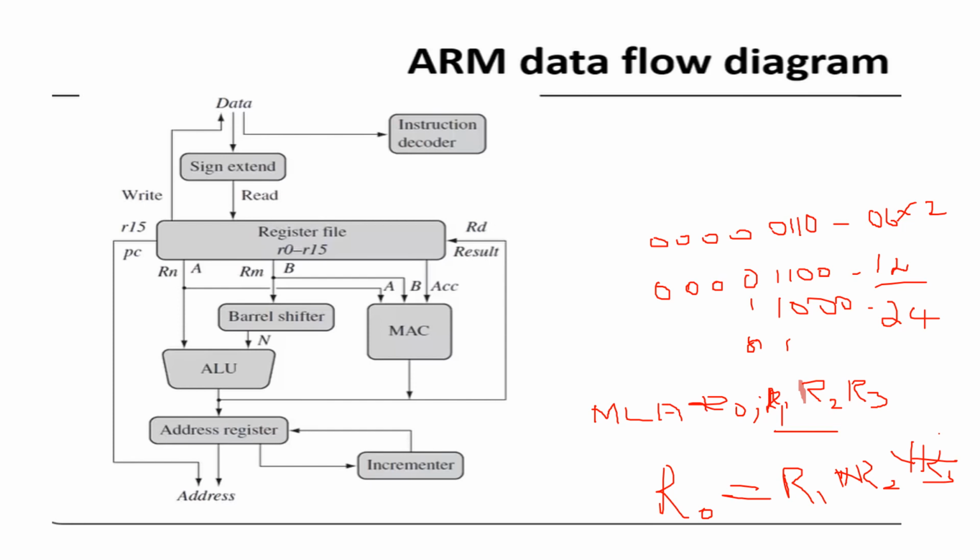Here we are using the parallel shifter for shifting purpose, or we can use it as a prescaler, and the MAC is the multiplier accumulator. Okay, so both multiplication and addition operations we can perform in this MAC. The incrementer will increment the address registers. Okay, so all the results are stored in the register file itself.